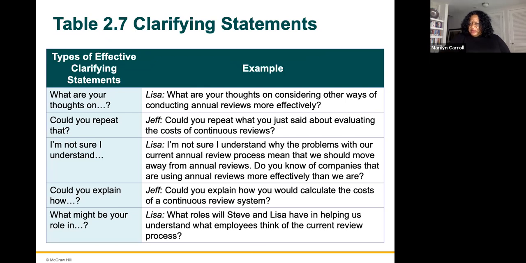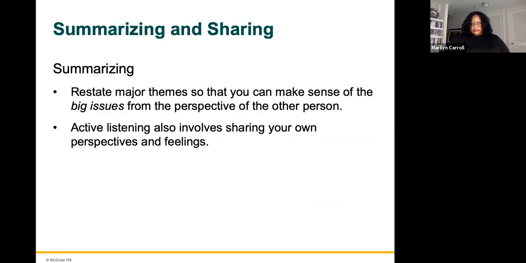Do you know of companies that are using annual reviews more effectively than we are? Jeff, could you explain how you would calculate the cost of a continuous review system? Lisa, what roles will Steve and Lisa have in helping us understand what employees think of our current review process?